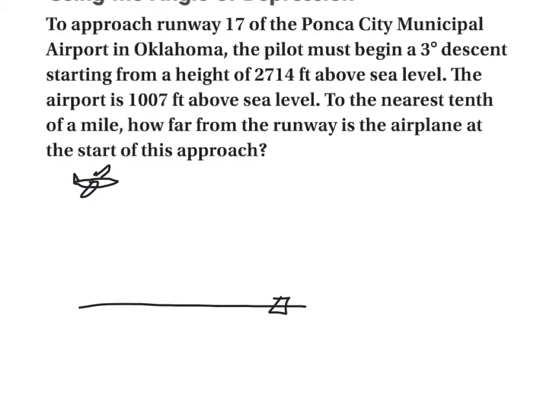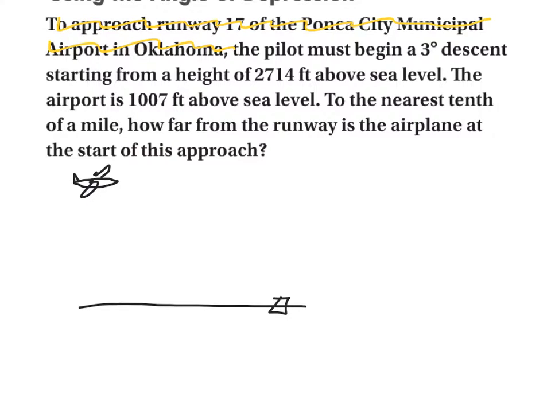There's my airport. Okay? You don't need to have super big detail, all right? Approaching runway 17, Ponca City Municipal Airport in Oklahoma. That doesn't mean anything to us. We don't need to draw that part. Let's see. Everything else is actually fairly important stuff. Okay? So don't get lost in the details.